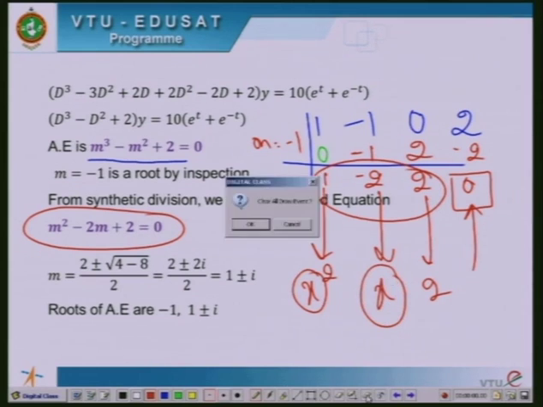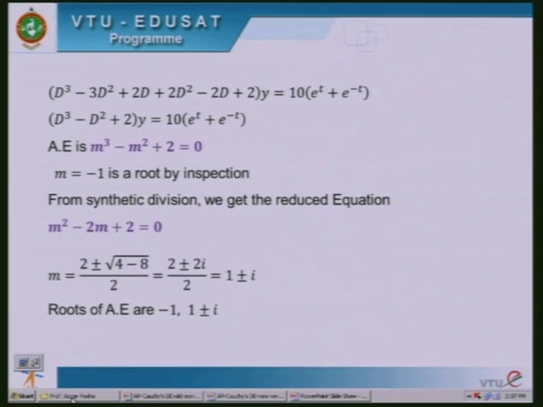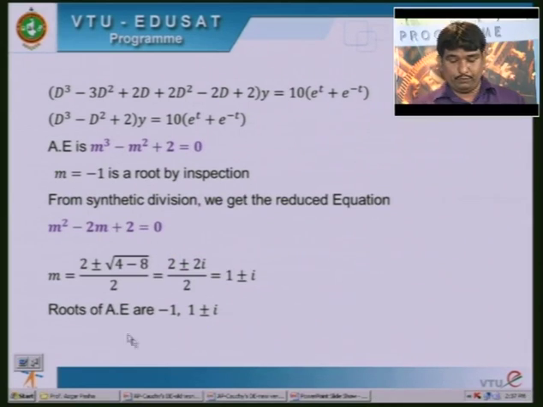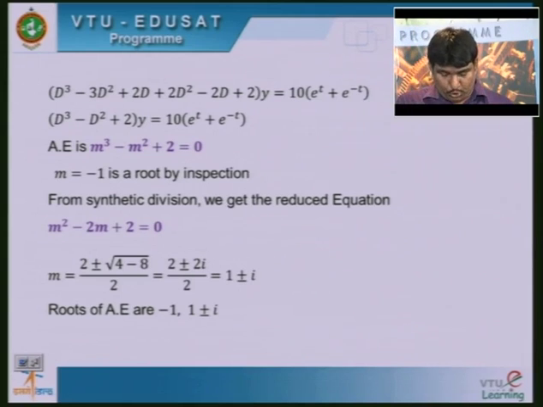It's a quadratic equation, you can easily solve this. The roots are 2 plus or minus root of 4 minus 8 divided by 2. So the roots are complex, 1 plus or minus i. One root is real, which we have guessed, minus 1, and the other two are complex conjugates, 1 plus or minus i.